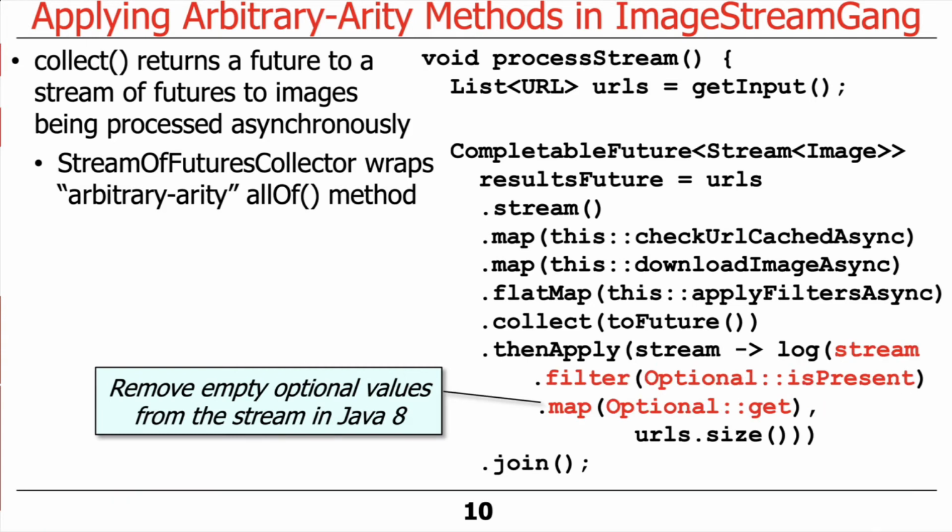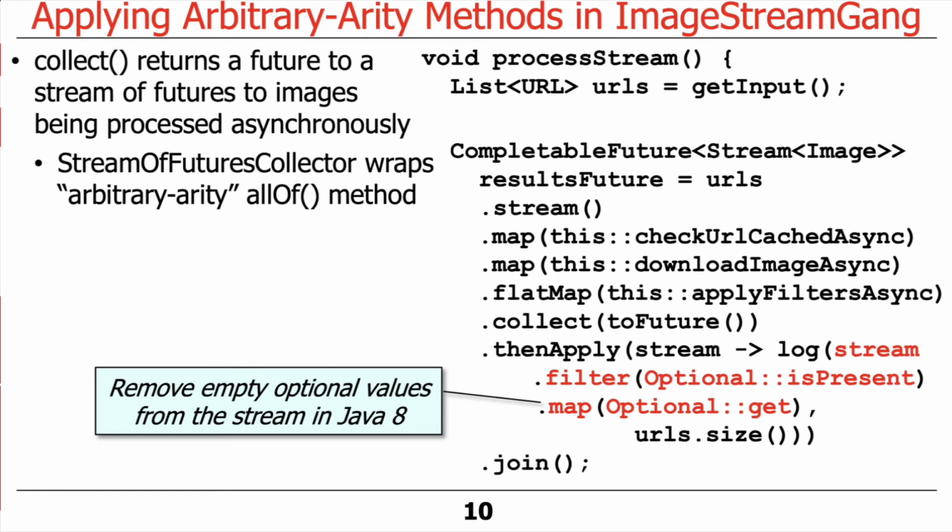Interestingly enough, if you're stuck with Java 8, which you shouldn't be stuck with anymore because even Android now supports Java 11, so of course it supports what's in Java 9, you have to do a little bit of extra syntactic stuff. You have to say stream.filter, Optional::isPresent. What that's saying is only allow optionals that are present to be passed through that filter's predicate.